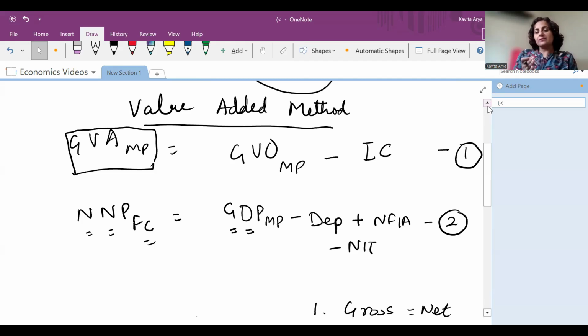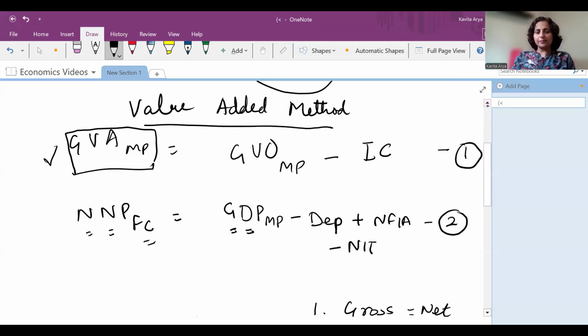The IC means all that is required to make that good. So IC is subtracted from the value of output just to understand the value of GVA, the gross value added, and that is what this method gives us.